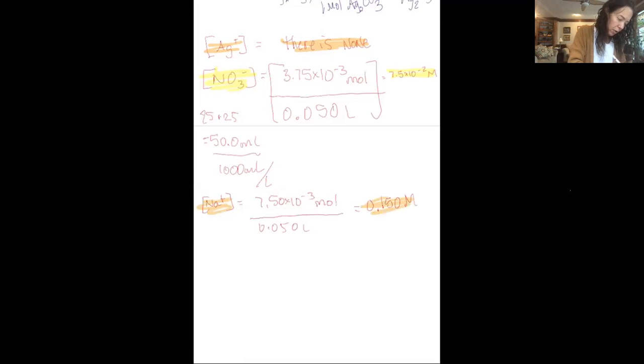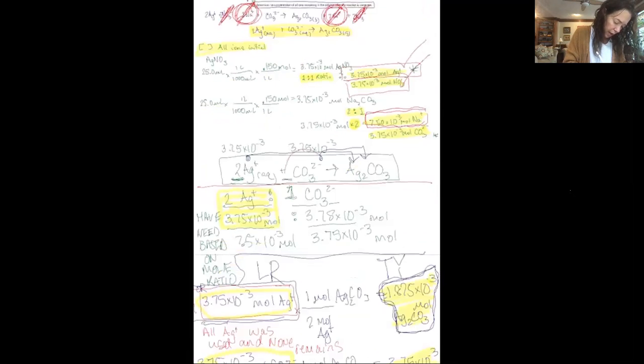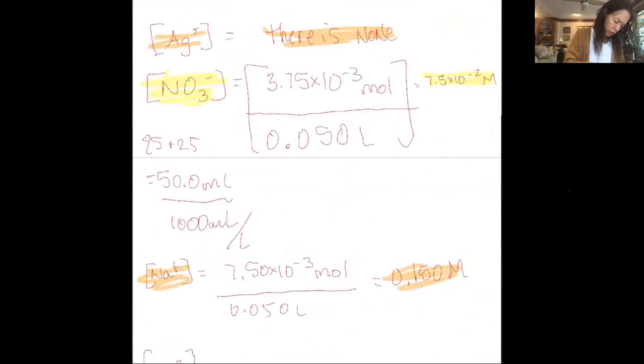And we've got one more ion, that is our carbonate ion. Well, carbonate, some of it was used because it participated in our reaction, right? It was our excess reactant, remember? So some was used and some was left over. Well, this is how much I started with, right? I started with 3.75 times 10 to the negative third moles of carbonate.